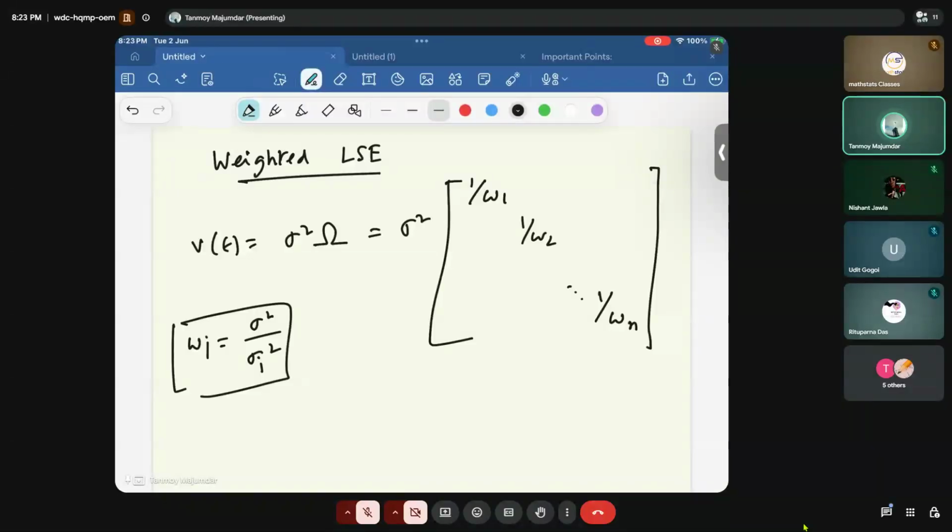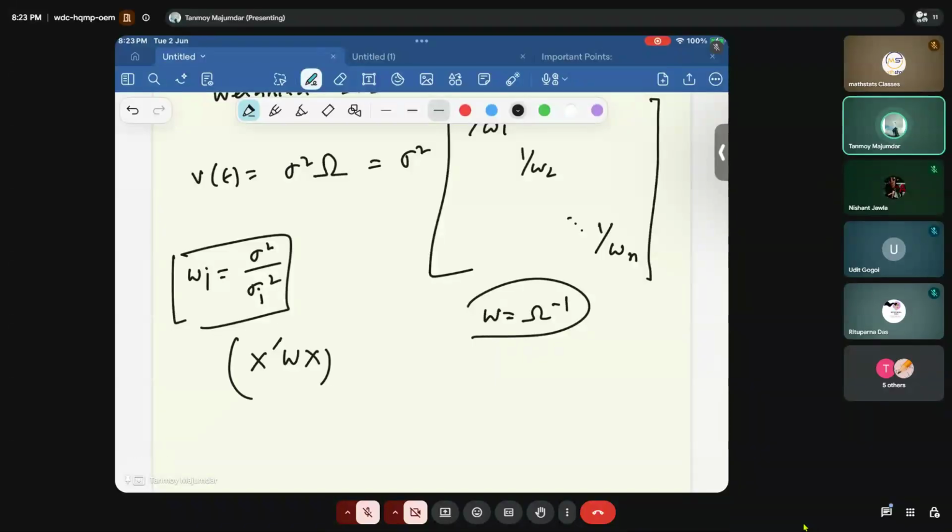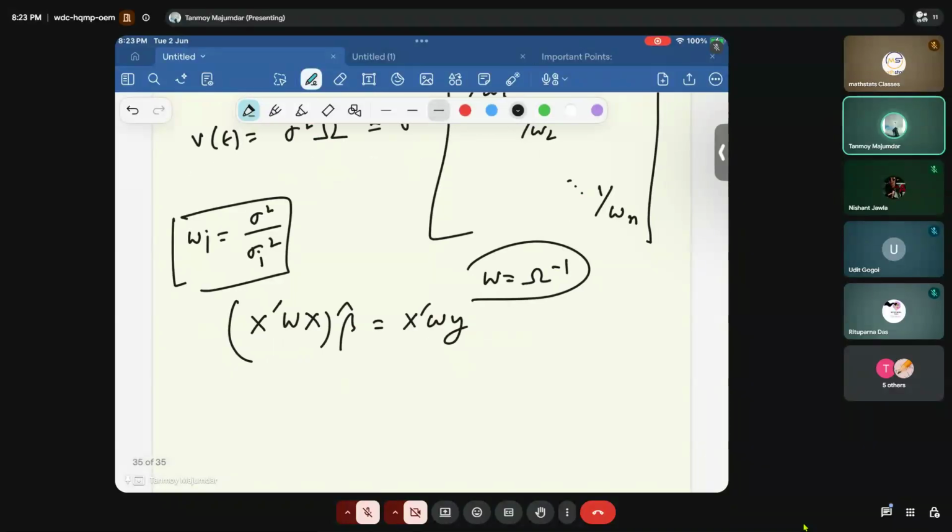Okay, since what we are doing is calculating the weight of the variance. So what we will do is use this weight instead of omega inverse. In the normal equation, that normal equation becomes X dash W X beta hat equals X dash W y. What is the W? W is the weights, meaning W is the omega inverse. This is the normal equation we get from generalized LSE.